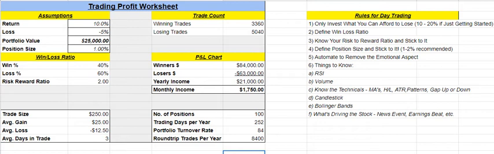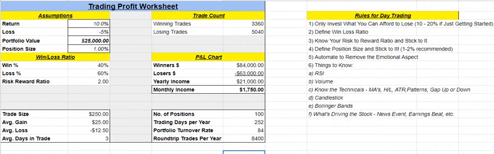Now, again, this just gives you a good framework for starting to think about it if you're considering trading either part-time or full-time. This will give you a good outline on what to look for and how to structure your trading strategy so that you're better prepared for success.